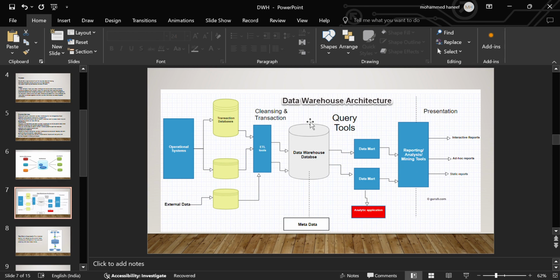In data warehouse concepts, we have two types of approaches actually. One is the top-down approach, and another one is the bottom-up approach. Now, why is this important? Because generally you should have the flow. Which flow is better?